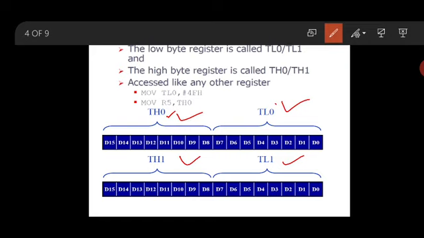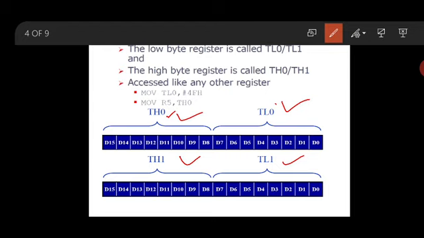TL0 consists of 8 bits, D0 to D7. The higher byte TH0 is from D8 to D15. Together they are 16-bit. If I say timer 0, I am aiming for 16 bits. If I say timer 1, I am aiming for 16 bits.